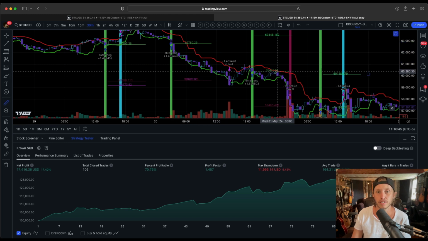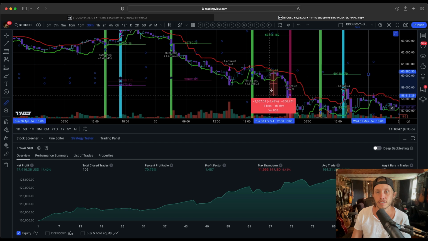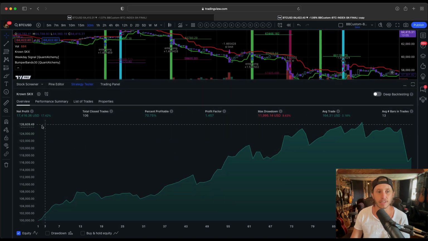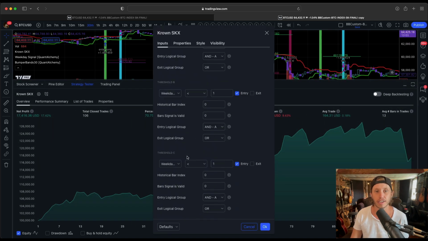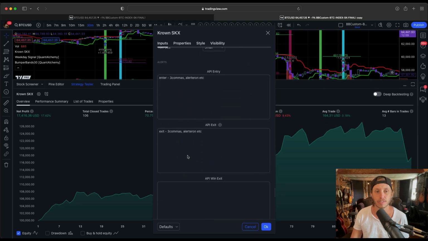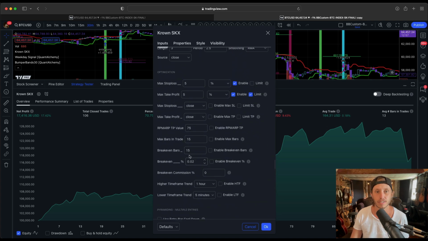And let's look at this one here. So if we would have had 3.75, it would have gotten us out a little bit earlier. So let's try maybe a 3.75% stop loss. Maybe even 3.7 just to see.